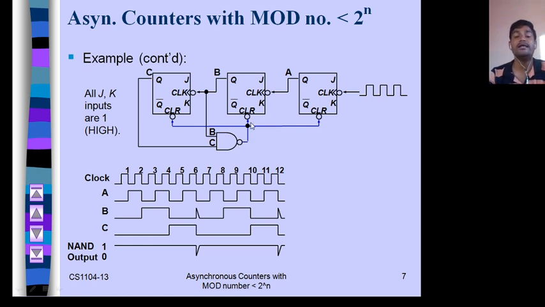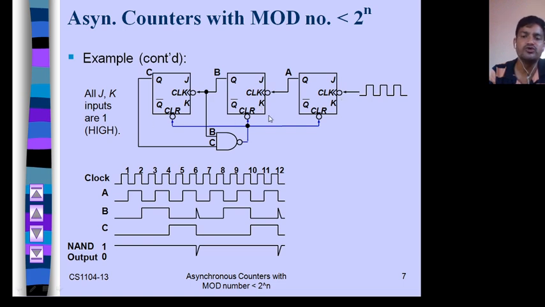I have already explained that the clear input will only work when its value is 0. The clear will work when the output of the NAND gate is 0. So initially, when it is 0 0, this clear is not working.